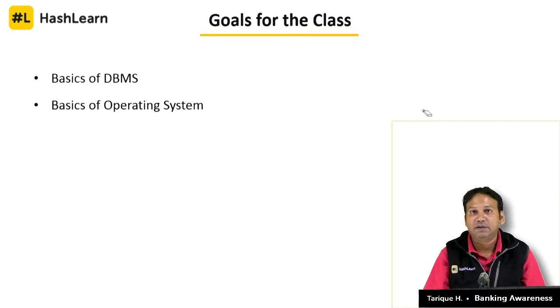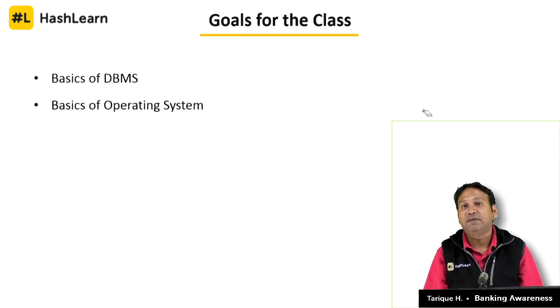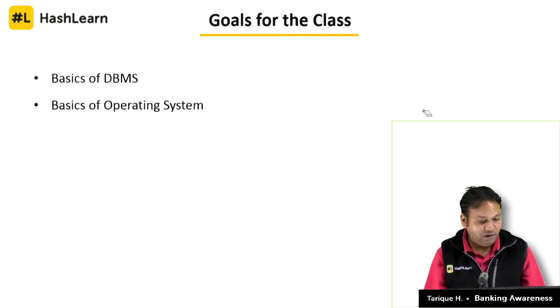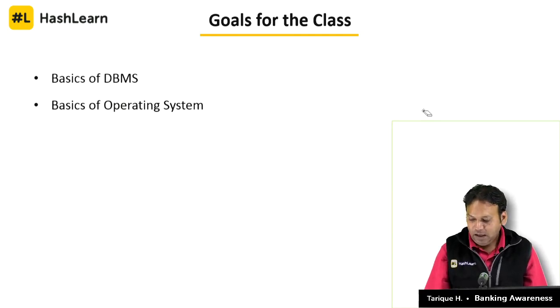Again, these are two concepts that are part of advanced computer science, not a part of the school syllabus. In case you have not done your BSc, MCA, BTech, if computer science has not been a subject in your graduation, most likely you have not been very familiar with these two concepts, DBMS and operating system, right?